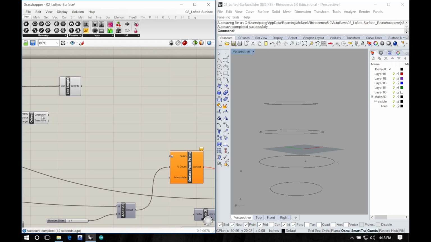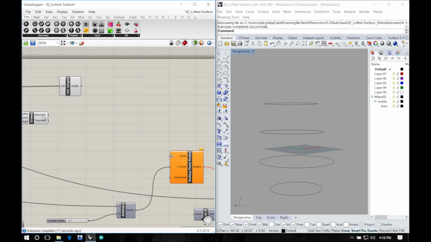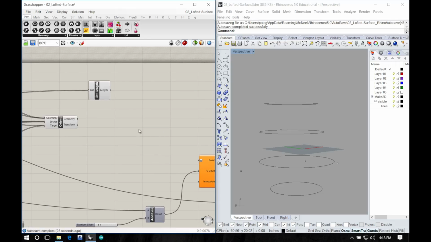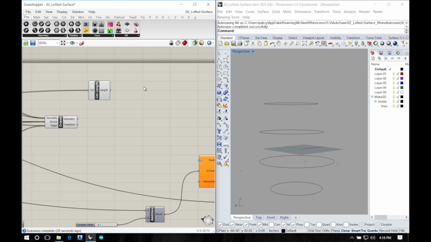So we have 961 values, but we know that our original list was like 481, I think. I don't remember, I'm just guessing at this point. And we're going to make sure that our data is organized properly.